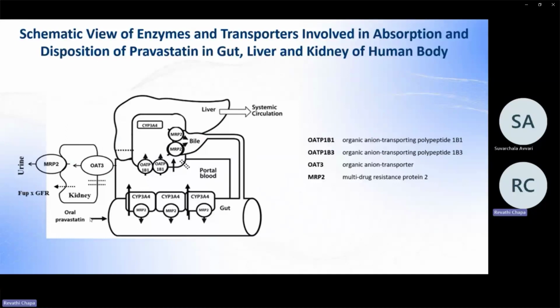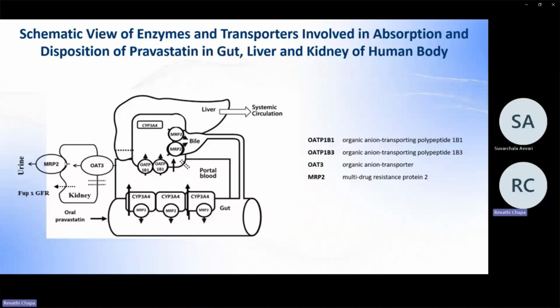When we give oral pravastatin, it is a substrate for MRP2, which is a gut efflux transporter that prevents the drug from absorbing. It's also a substrate for 3A4, which is present in the gut as well as in the liver and metabolizes pravastatin, but somewhere around 30 to 50% of the clearance is metabolism from this enzyme. The majority of pravastatin is taken up into the liver by transporters like OATP1B1 and 1B3, and it gets into the bile by MRP2, which effluxes the drug into the bile.